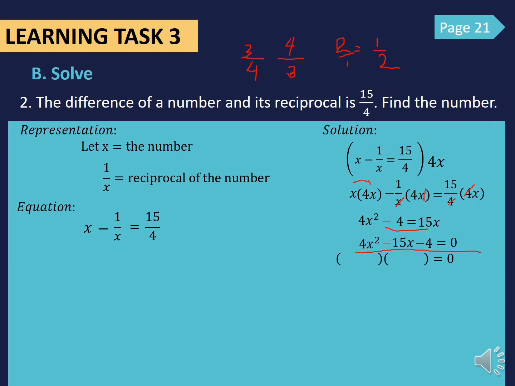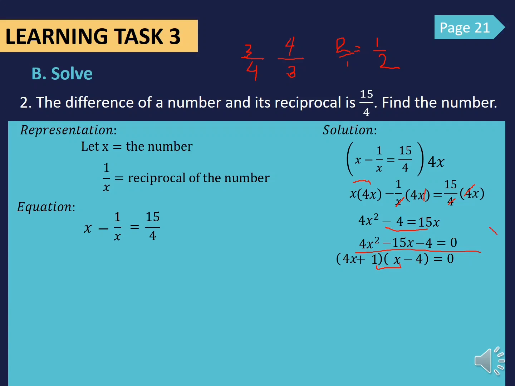So, the factors of 4x squared are 4x times x. And the factors of negative 4 are 4 times 1. The result will be positive and negative, since the sign here is negative. So, this will be negative x.